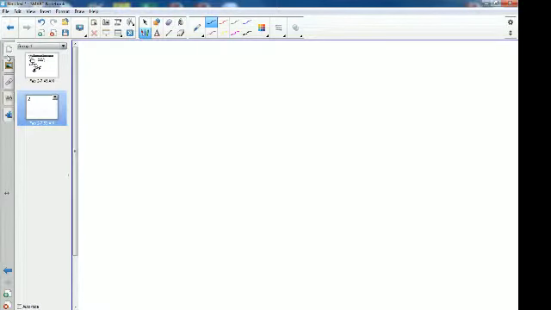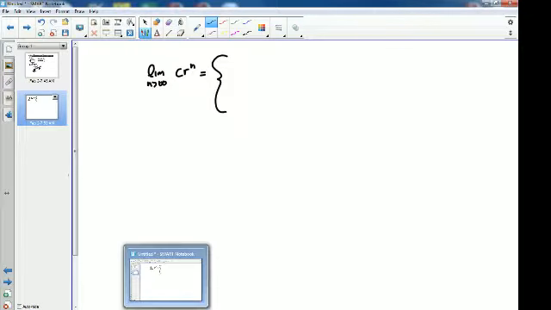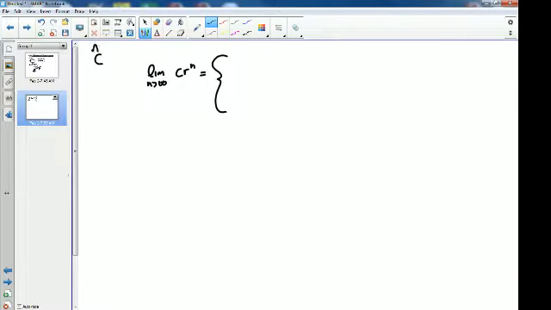Alright, so here's the first one. What if we have the limit as n approaches infinity of C R to the n? We know that C is greater than 0, so we're going to assume C is greater than 0. We want to solve this.